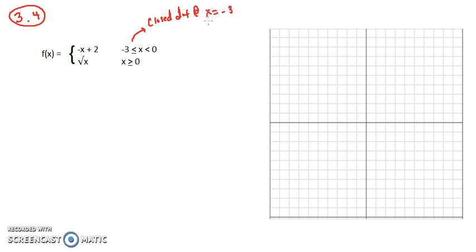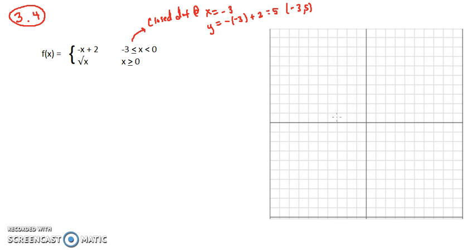To figure out where to put that closed dot, we need a y value, so we plug -3 in right here. -3 plus 2 is -1... that's going to give me 3 plus 2 is 5. So we have a closed dot at -3, 5. So let's go ahead and put that on the page.